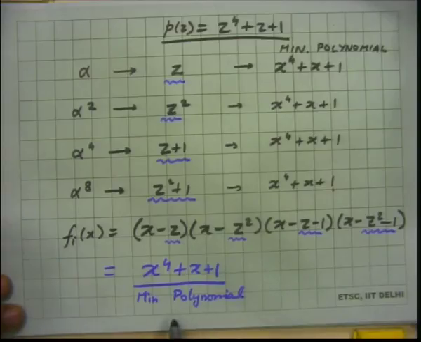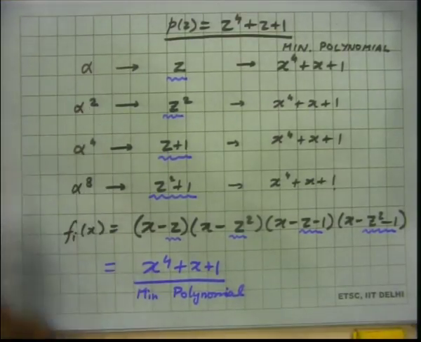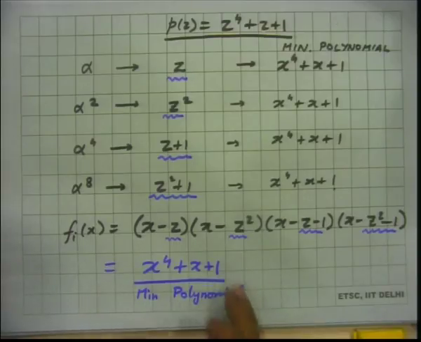And similar exercises can be done for alpha cubed, alpha 6, and so on and so forth, till you discover all the minimal polynomials. The minimal polynomial will have coefficients in the base field, that is how its definition comes, and we had shown it in a theorem in the previous class.